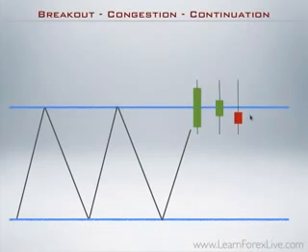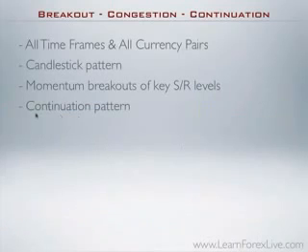Or something like this, where the longer wick, this time just the upper wick, but at any rate, if any of the wicks is much larger than the body itself, that's not a valid candle either. At the end of the day, please remember what I mentioned before. This is a continuation pattern.